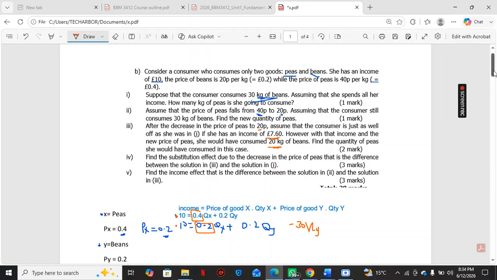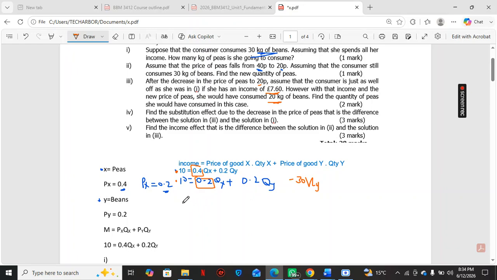So our new budget constraint equation becomes 7.6, which is the income, equals the price of peas 0.2 QX plus the price of beans 0.2 QY.